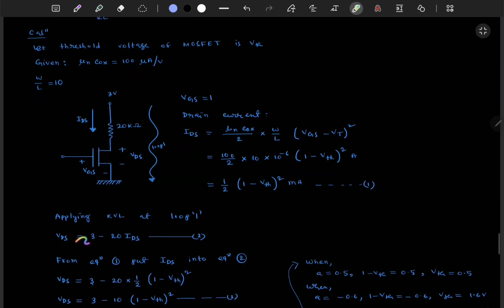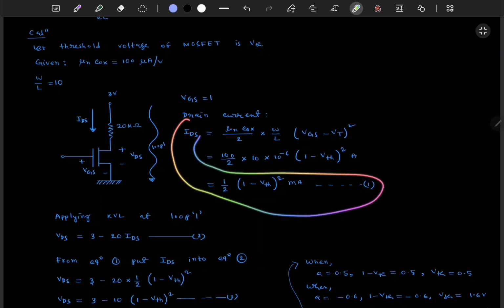So VDS equal to 3 volt minus the voltage drop across this resistor, 3 minus 20 into IDS. This is the second equation. The first equation we derive from the drain current equation, putting the values, with VGS already given 1 volt and VTH the threshold voltage. So this is the first equation.